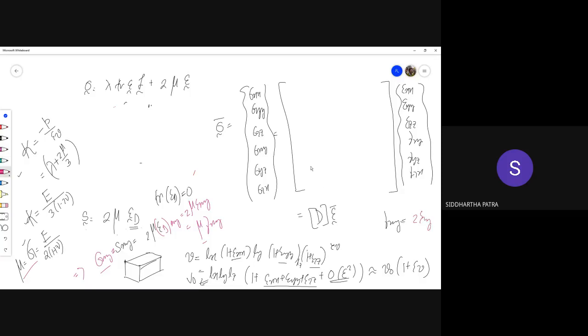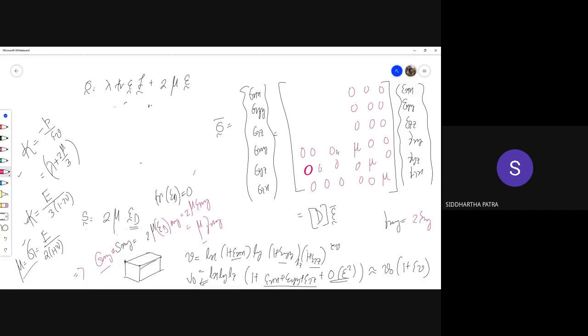So this is how we write it: mu, mu, and mu in the lower square. Of course, the shear strains do not contribute to the normal stresses, and also the normal strains do not contribute to the shear stresses.